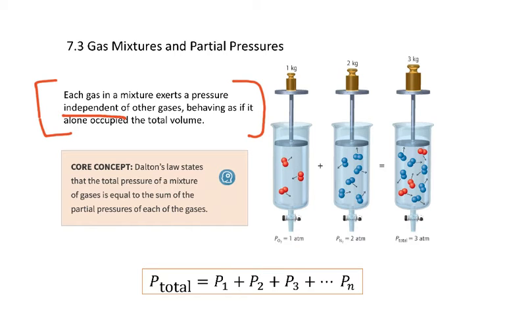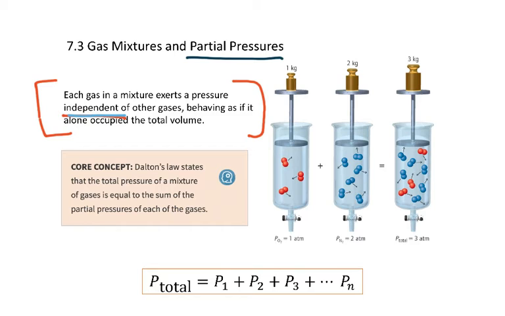And so it doesn't really matter what gas it is, the pressure is independent of any other gases there. So each gas behaves as if it alone occupied the total volume. If we look at the pressure of each gas in a mixture, we call that a partial pressure, right? Because it's a part of the total pressure. It's a contribution to the total pressure.